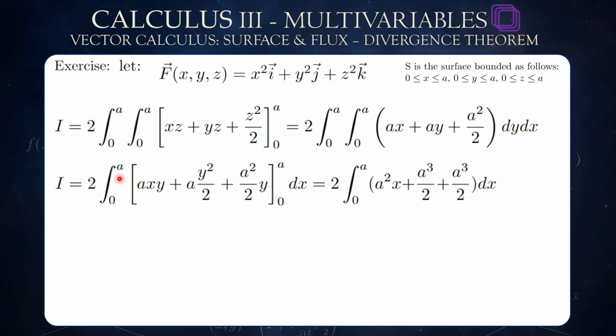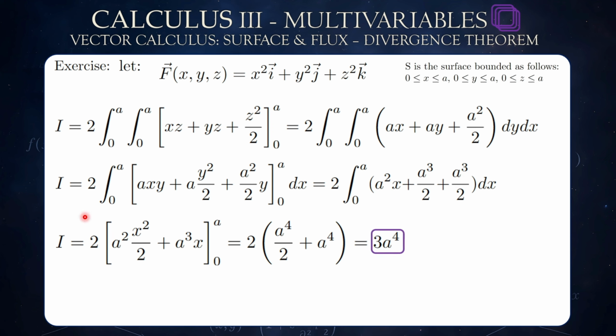Equal to the integral from 0 to a. Here we have integrated in respect of y, so axy plus ay squared over 2 plus a squared over 2 y, dx, equal to a squared x, because it's between a and 0, so you replace y by a, plus a cubed over 2 plus a cubed over 2, equal to the integral from 0 to a.